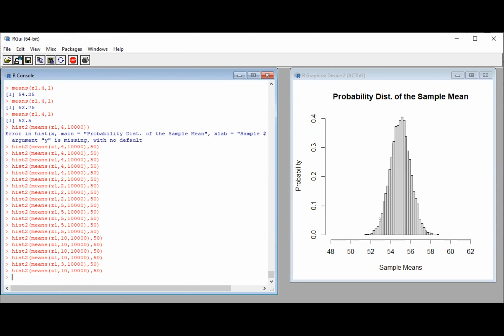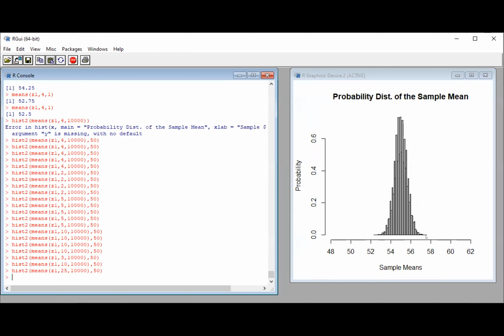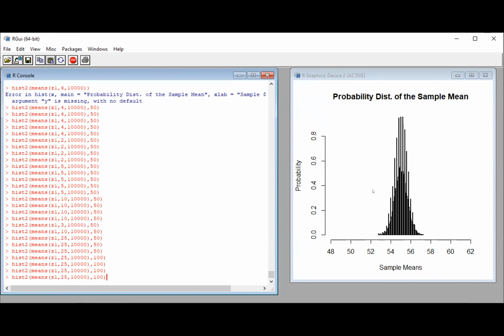It's confined to these values, 52 and 58. And if I increase the sample size even more, let's say 25, then the spread has decreased even more and looks very much like a normal.